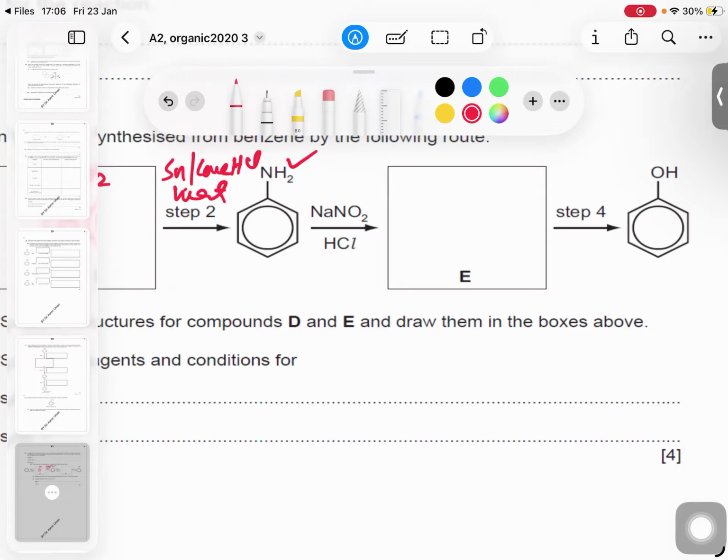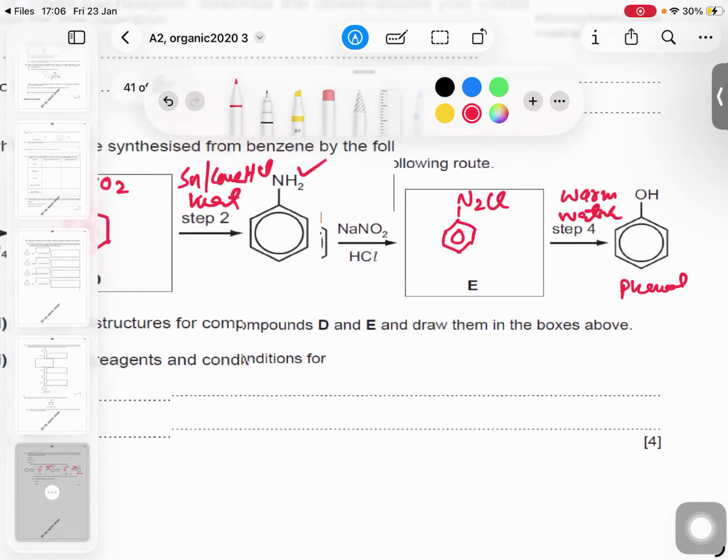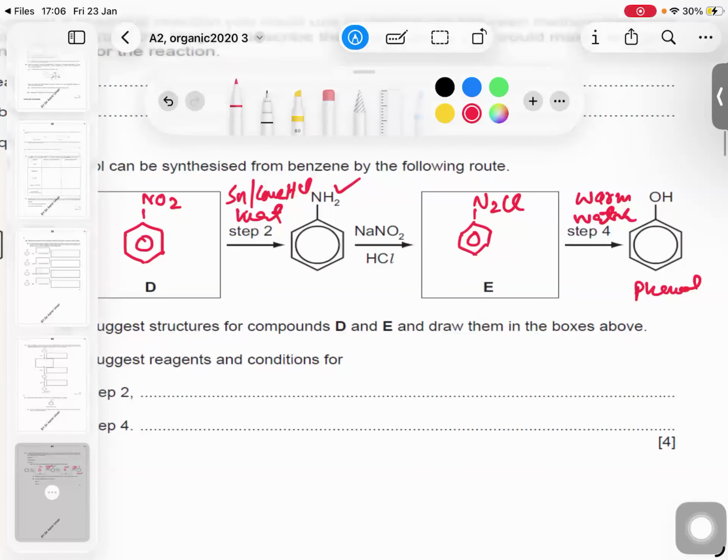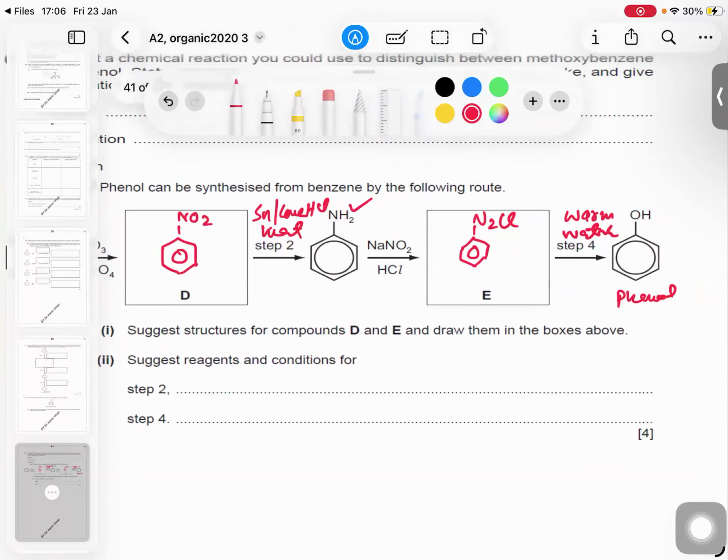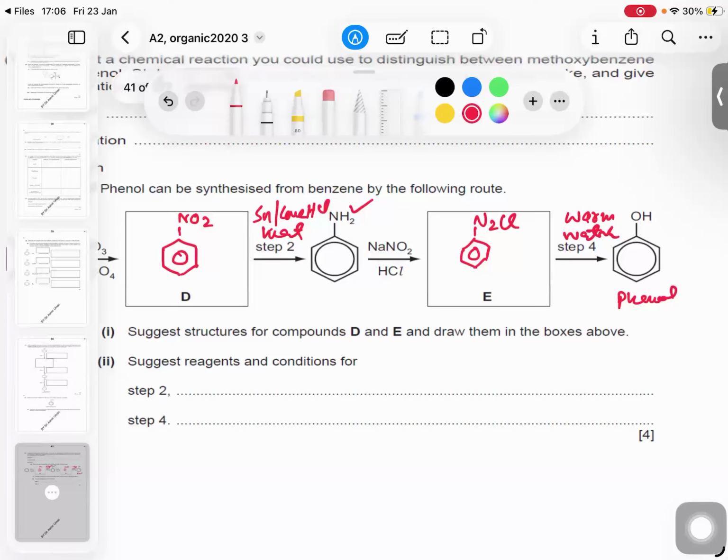Not maybe, surely. Because phenol has only one preparation method. It is prepared from BDC when added with warm water. But where will the second nitrogen come from? That's the balancing thing, no? Okay. So BDC is converted into phenol by adding warm water. And you can also guess from here, NaNO2 and HCl are the reagents. The second N comes from here. Okay. Next.